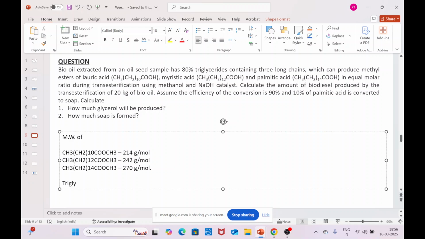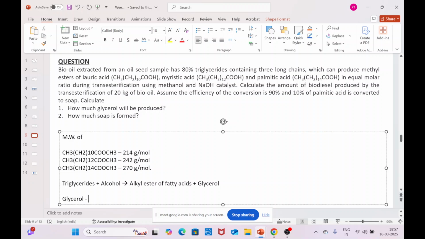That is the typical reaction: triglycerides plus alcohol gives alkyl esters of fatty acid plus glycerol. So glycerol is CH2OH, CHOH, CH2OH. I'll write it together.